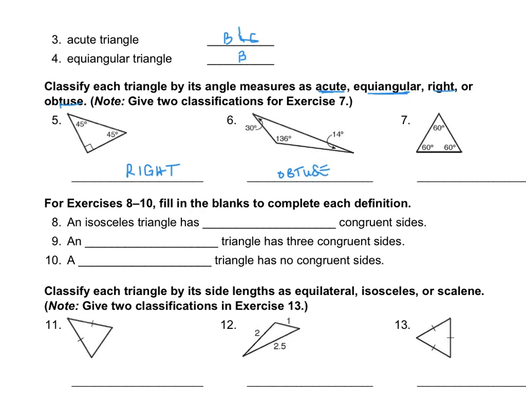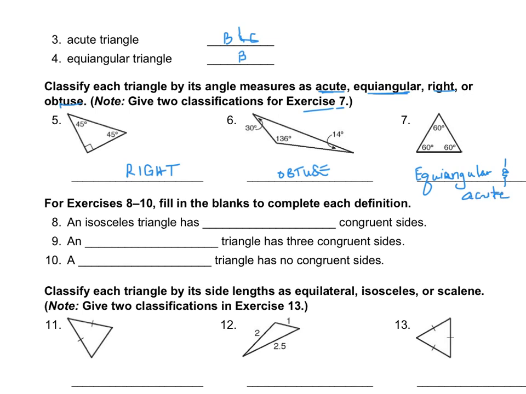Over here, I have to give 2 classifications for number 7. This is equiangular. We know that right away. So I can spell it, angular. And this one is acute as well. So it wanted us to give 2.